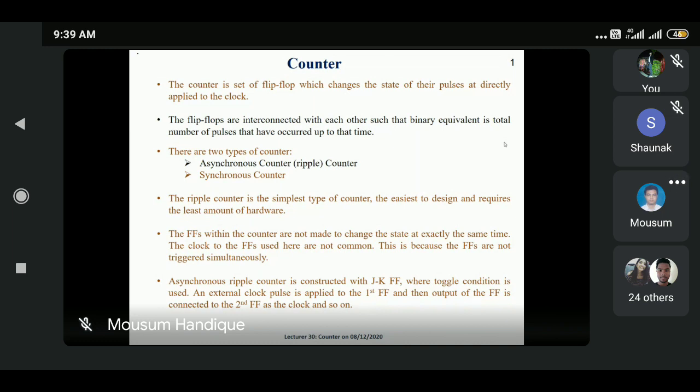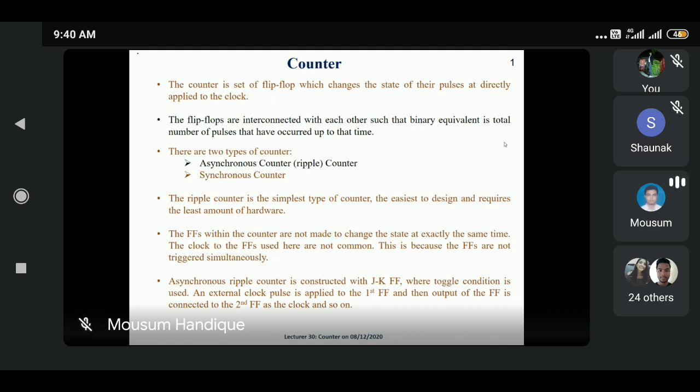See here, the counter is a set of flip-flops. When we construct the counter, we use flip-flops, and a flip-flop is one type of memory element which is capable of storing 1-bit information. One flip-flop stores 1-bit information. So the counter is a set of flip-flops which change state with the pulses directly applied to the clock.